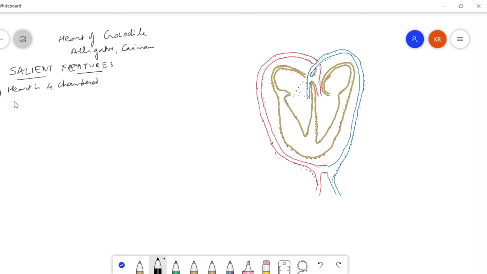Remember that crocodile is a reptile, but the heart is completely divided into four chambers. The ventricle is completely divided. But in all other reptiles, the ventricle is incompletely divided, and therefore it is around 3.5 chambers.